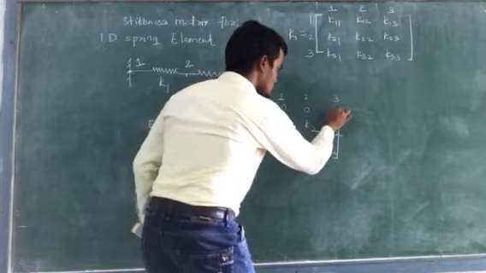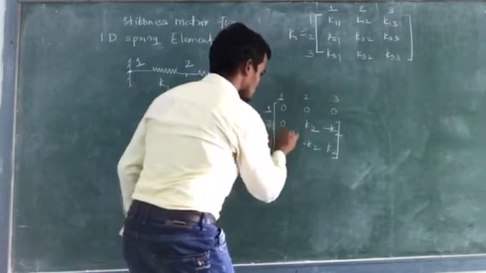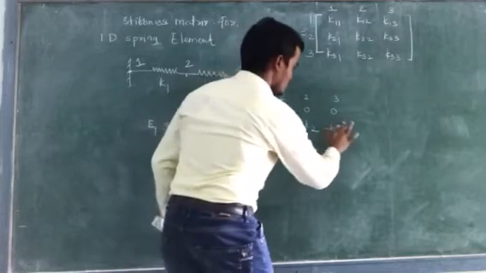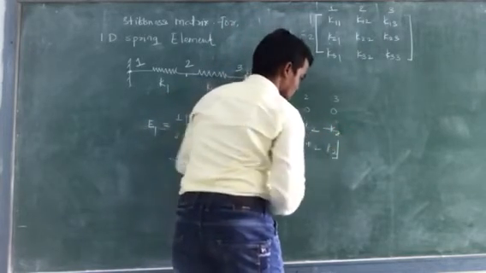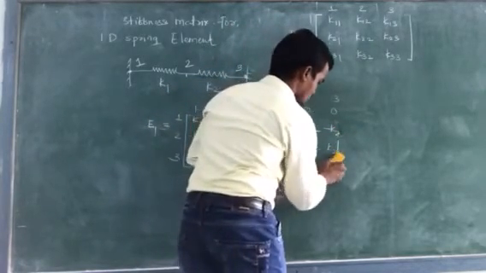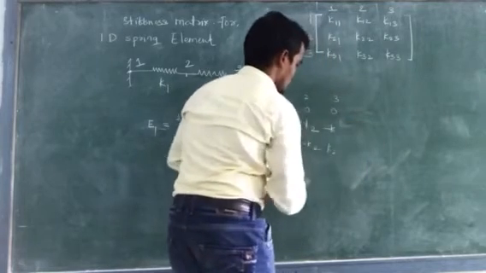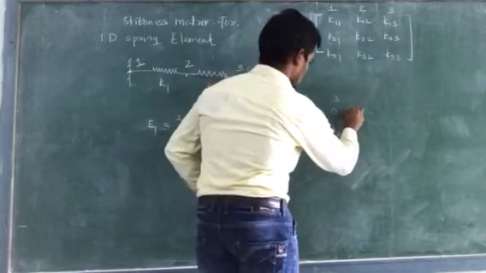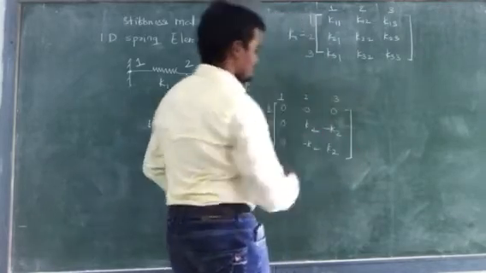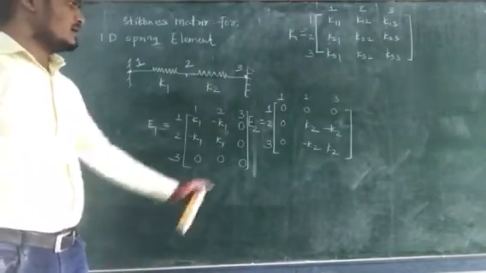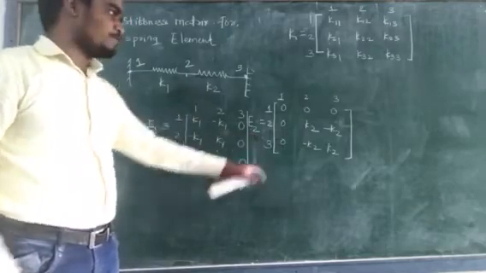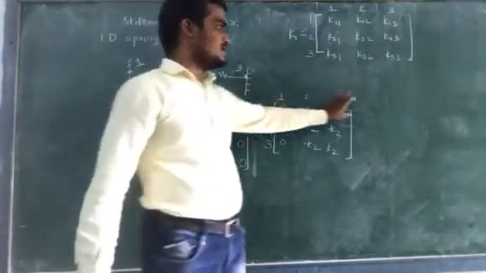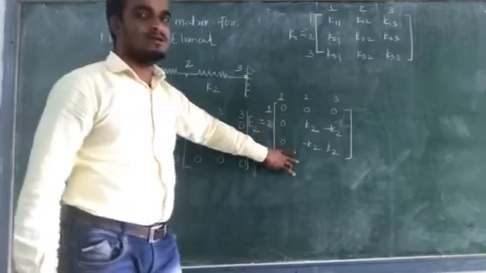Your first row will become 0 or null value, and first column also has a null value. So in this way you can write your elemental stiffness matrix E2, where first row has null effect, first column has also null effect.